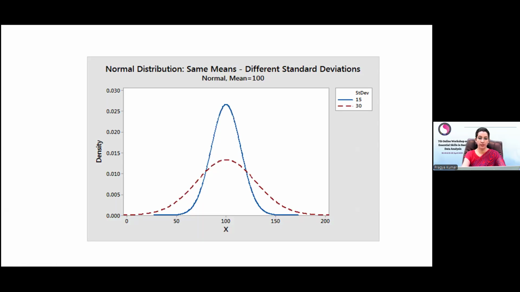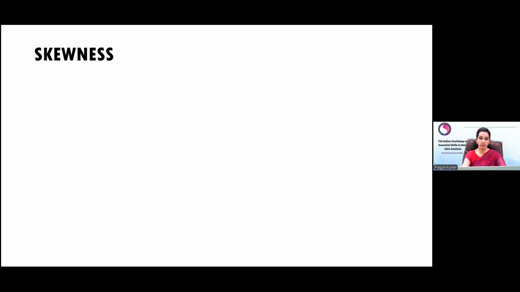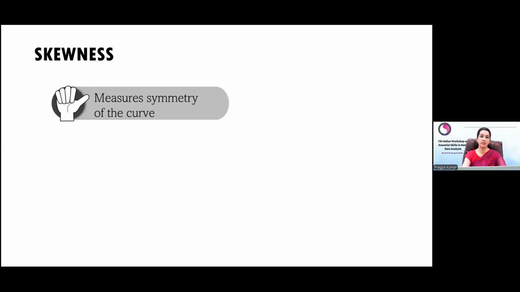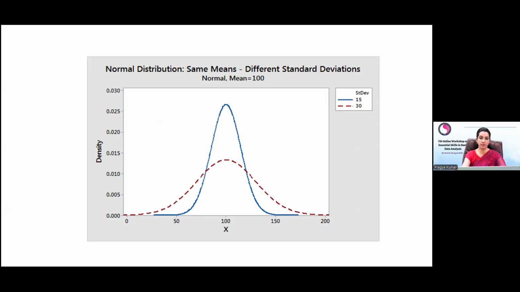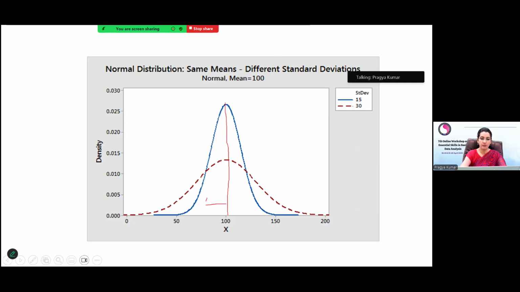So now coming to the skewness. It measures the symmetry of the curve. What do I mean by symmetry? Symmetry means if I draw a line, on both sides the graph should be symmetric. So this is a symmetric graph.